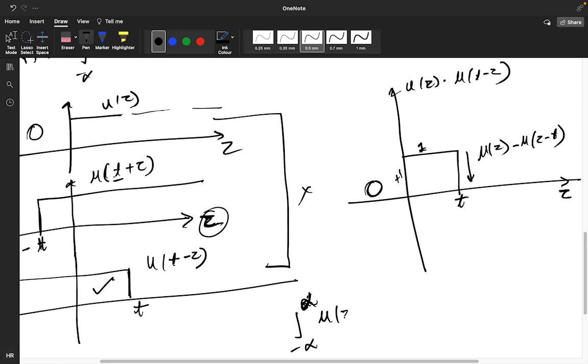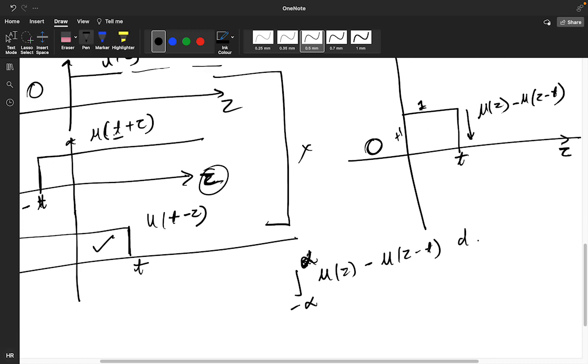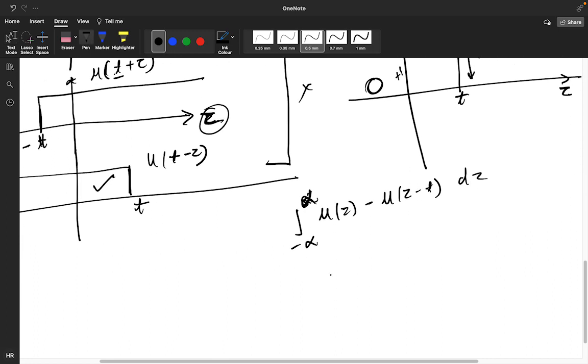So this is your function: u of tau minus u of tau minus t, integrating with respect to d tau from minus infinity to infinity. So you will get r of tau minus r of tau minus t, and substitute the values from minus infinity to infinity. So this is the simple convolution.